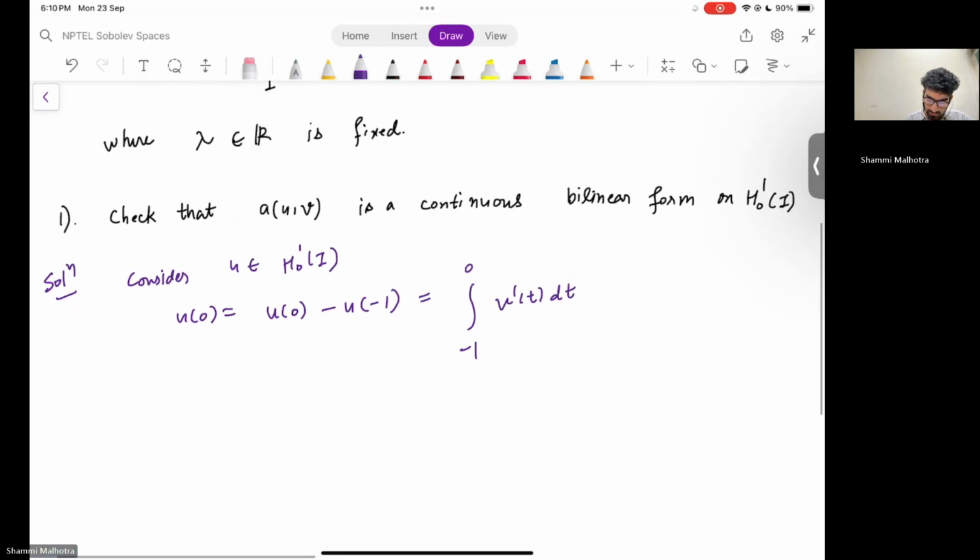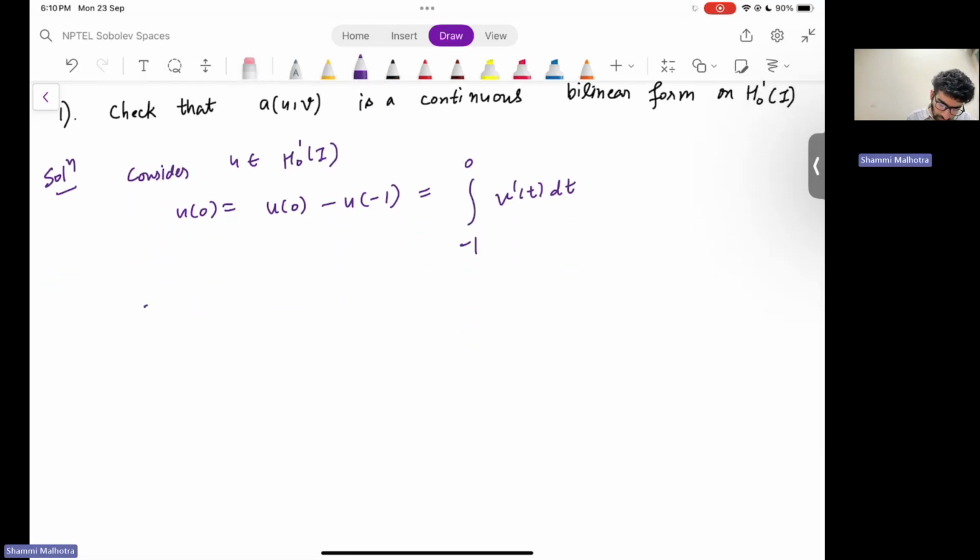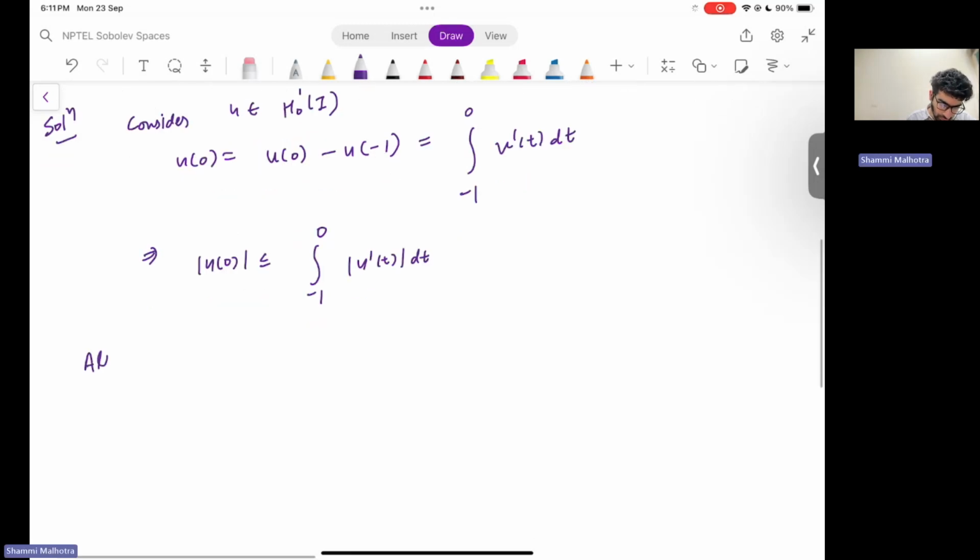So what does this imply? This implies the mod of u(0) is less than or equal to the integral from -1 to 0 of |u'(t)| dt. Here we are using one technique to have a better constant on the right hand side.